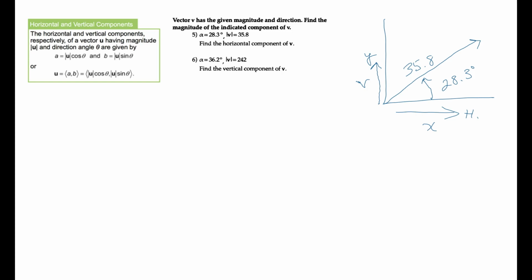All right, so in the first problem, number 5, it's very simple. We've got the alpha, the angle being 28.3 degrees, and the magnitude of the vector v is 35.8 units long.